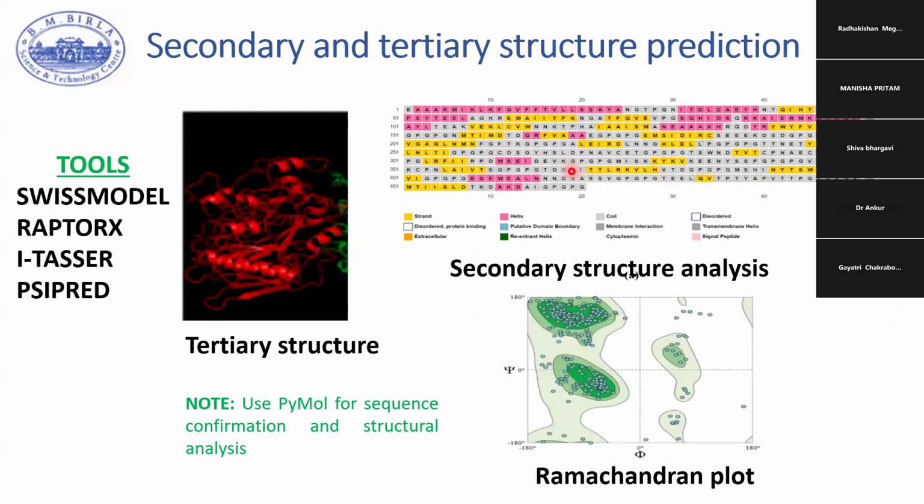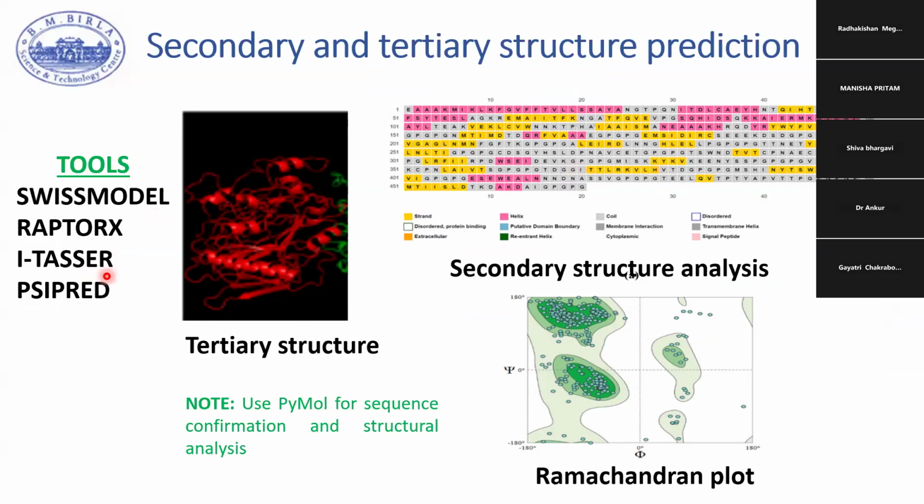After that linear structure, we have to predict secondary and tertiary structure. This is the output of this Cypret tool. And this time, I suggest don't use Swiss model for a novel predicted vaccine.